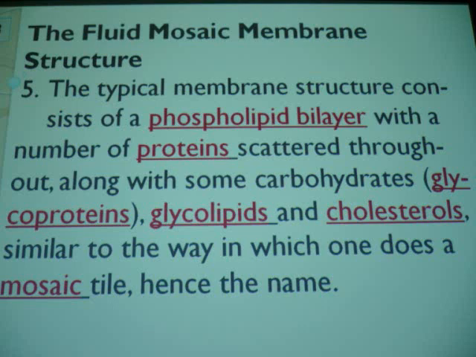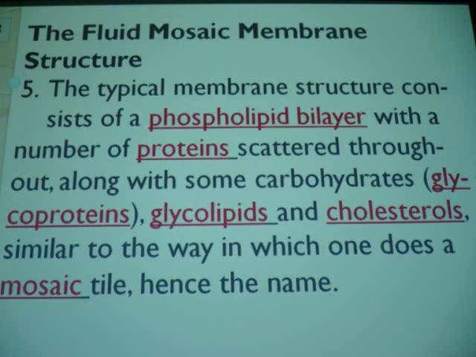If you're going to retile your bathroom or some part of your house, look at the tiles. Most often they're not all the same texture, with different colors, blocks here and there. That's a mosaic. If you look at a cell membrane, it's not all the same stuff. There's different things scattered around. That's the mosaic impact.